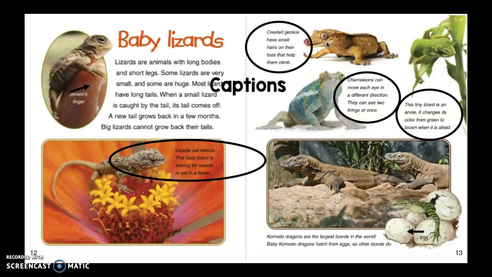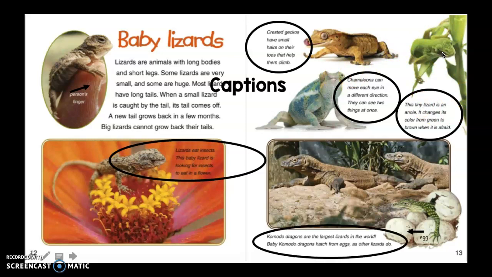Here's another caption. It goes with this picture right here. This tiny lizard is an anole. It changes its color from green to brown when it is afraid. That's cool. So he changes his color. If I look at the picture right here, he's green, so he must not be afraid.